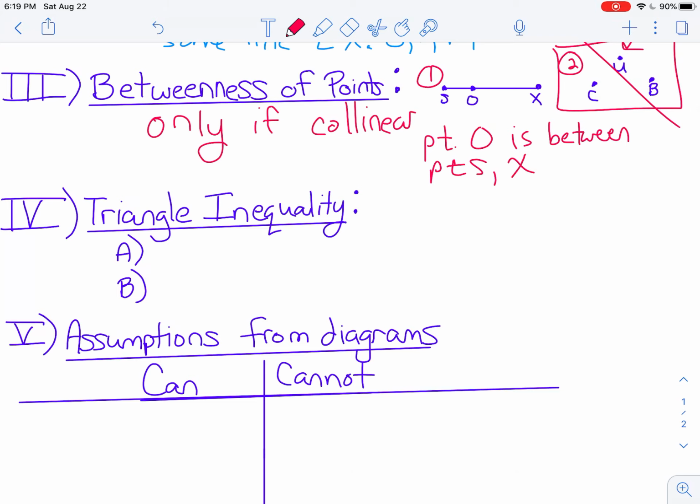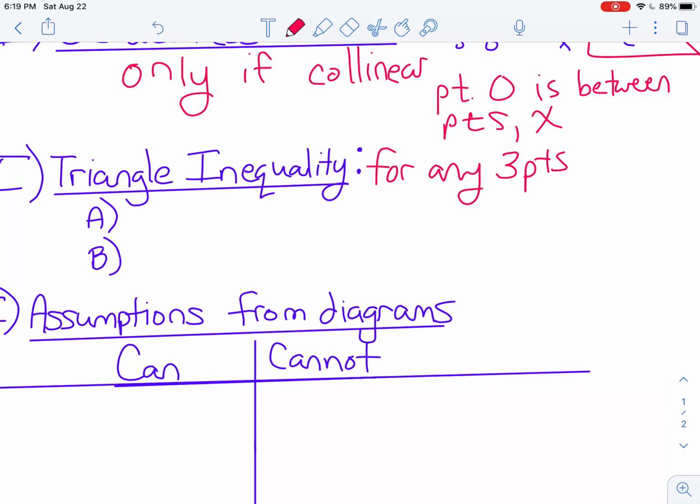The next is the triangle inequality, okay? So for any 3 points, two things can happen, okay? I guarantee it. If I told everybody watching this right now to draw 3 points on their iPad, you are either going to go like this, right? There's an example. Or you're going to go like this. There's 2 types of people in this world, okay?